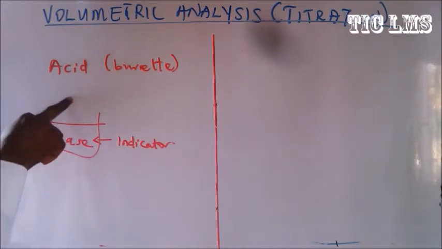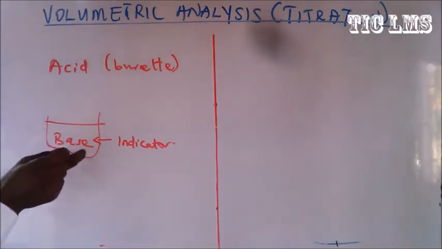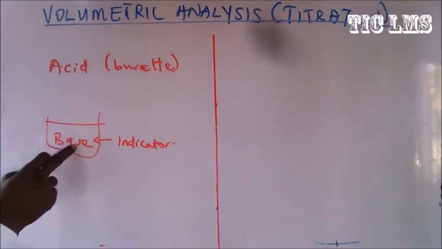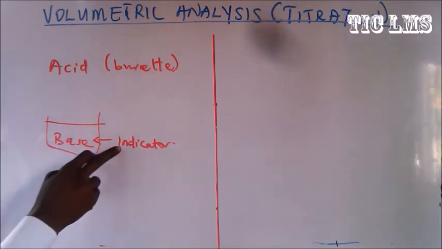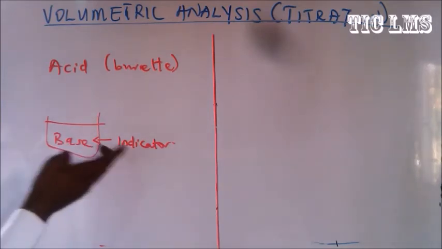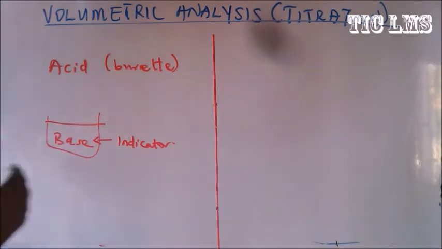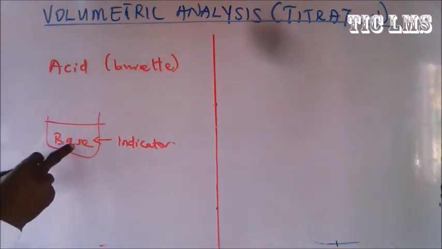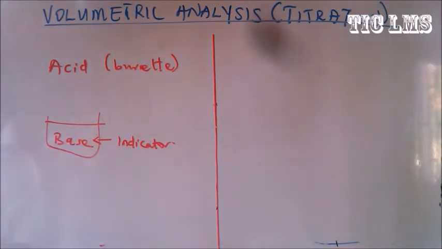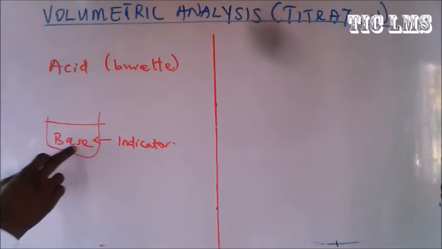So acid is added gradually into a conical flask containing a base which has a definite volume and particular drops of an indicator. After some time, there will be a color change due to the indicator. The reaction will be complete, which is observed by a sudden change in the color of the indicator.